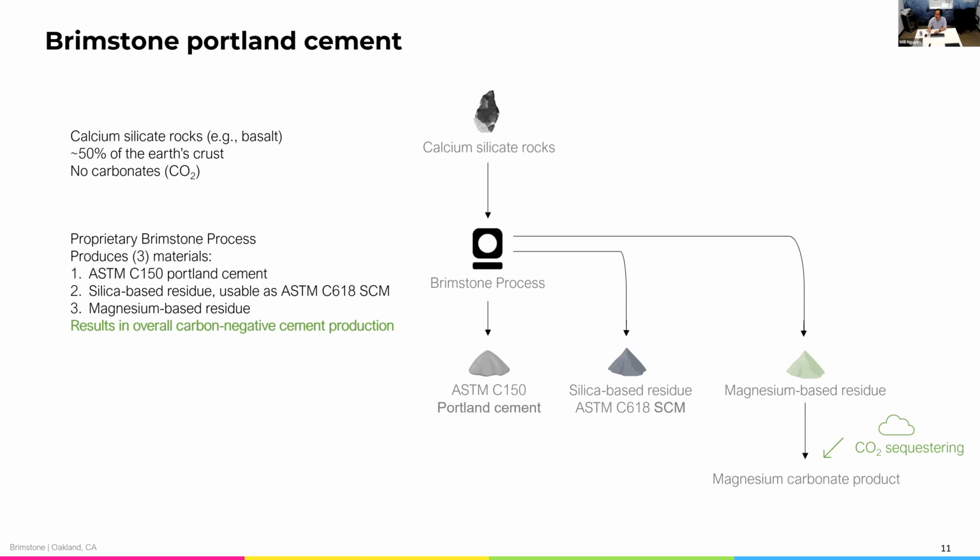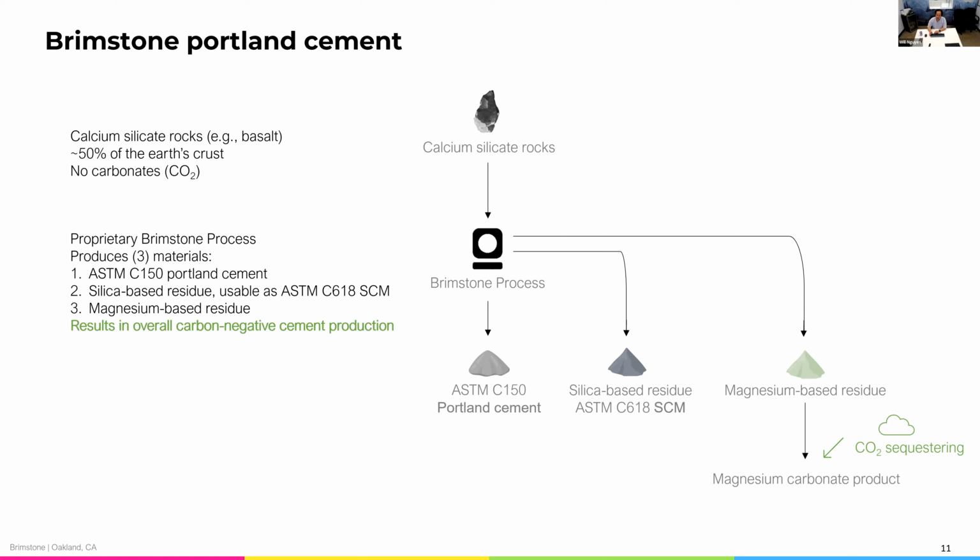But because it is CO2 sequestering, in combination with replacing limestone with calcium silicate rocks, it allows our process to be overall carbon negative, with these two important characteristics being the replacement of limestone and also the CO2 sequestering with the magnesium-based residue.